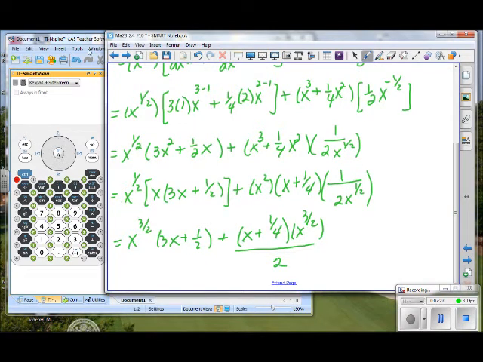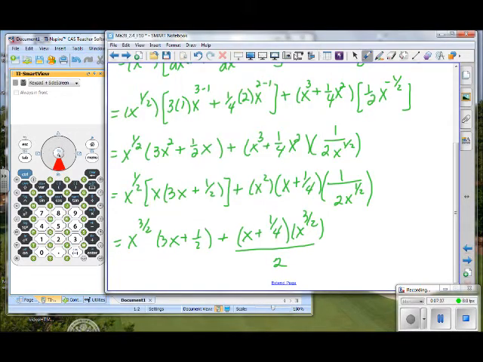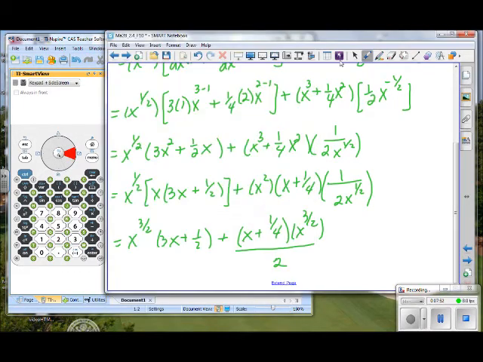And I'm going to put in x to the 3/2 power, so x raised to the 3/2 power, times 3x plus 1/2, so I'll set a parentheses, and 3x plus 1/2, and move outside of the parentheses.